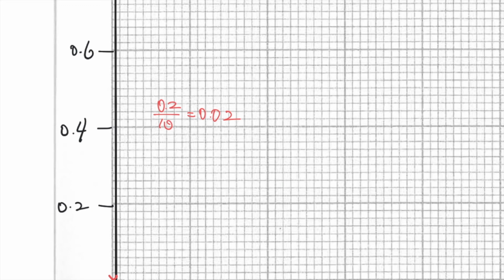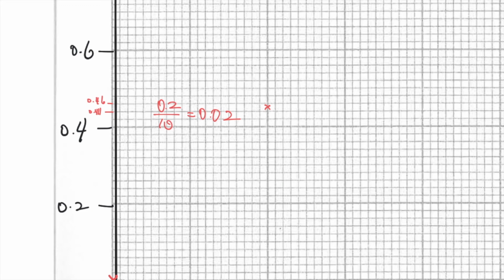We can say, okay, 0.42, 0.44, 0.46. If we know that here is 0.44 and here is 0.46, then we know that 0.45 will be halfway between both of them. So then what we can do is just put our x in the middle of those two lines.